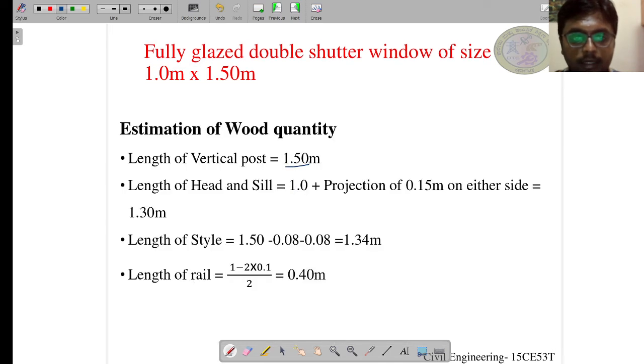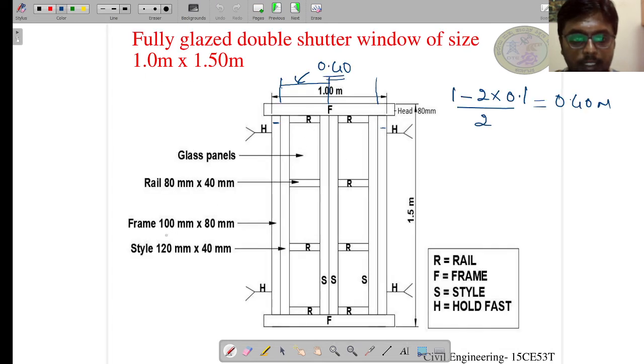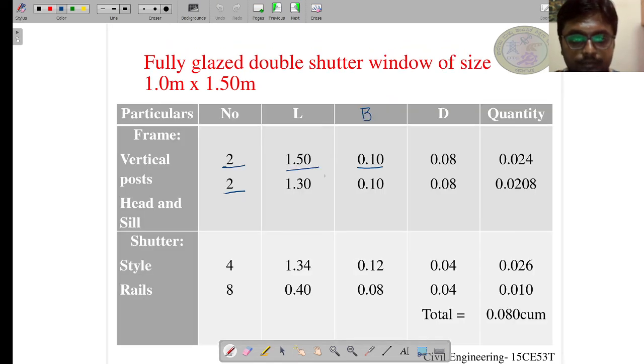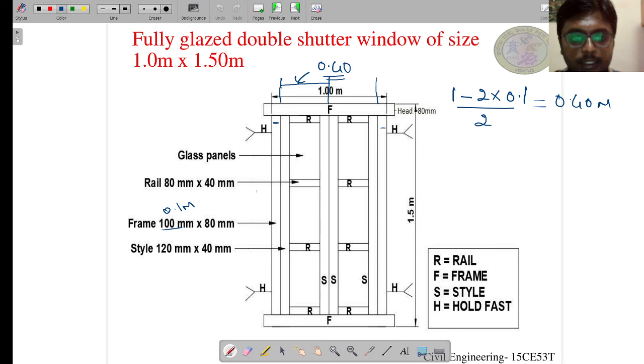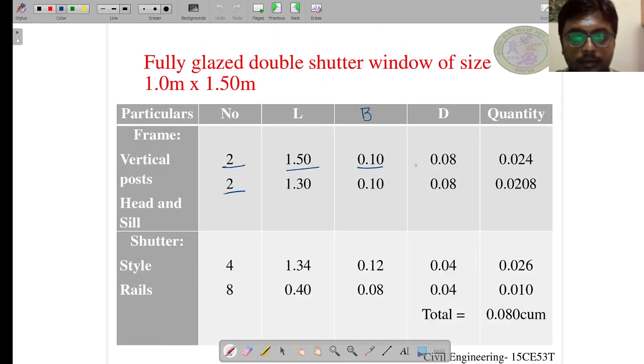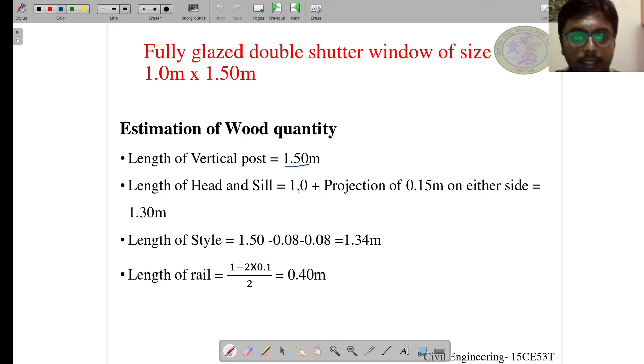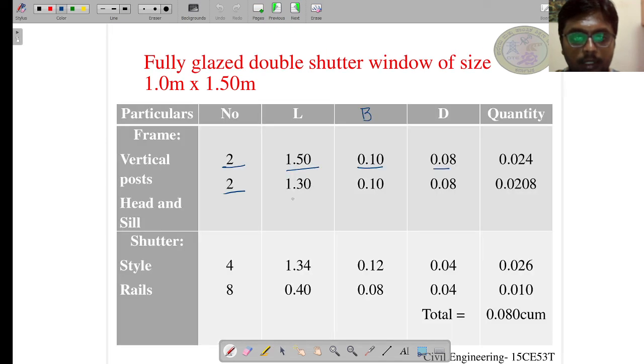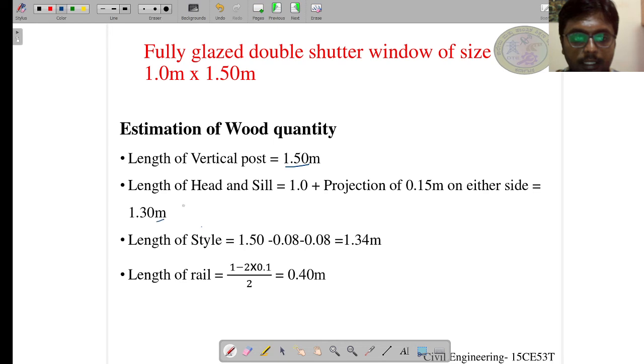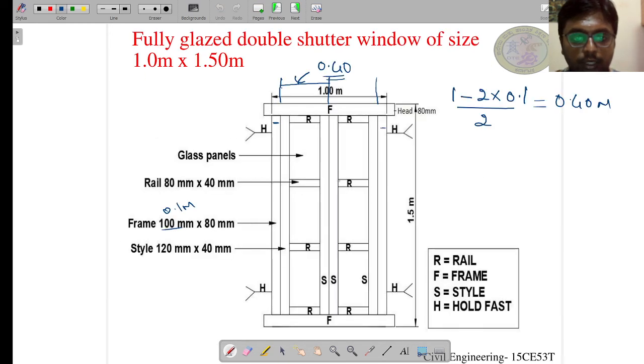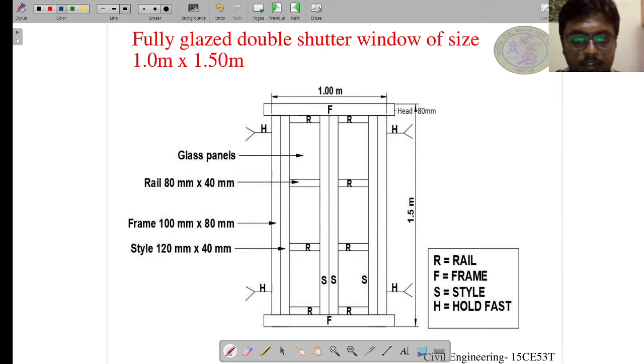The length we have calculated as 1.50, the breadth of the vertical post is 100 mm, which is 0.1 meter, and the depth is 80 mm, as we have seen in the door frame. For the head and sill, the length is 1.30 as calculated, and the breadth is 0.10, which is to the top. You can visualize it like this.